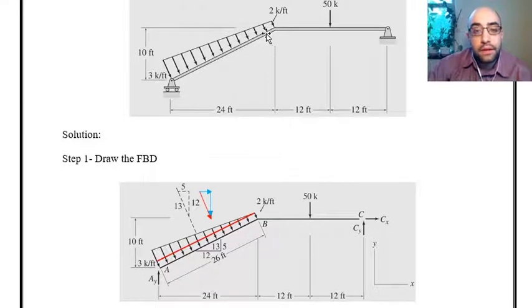which is the square root of 24 squared plus 10 squared, right? That will be 26. And I can simply calculate the ratio of 12 over 26 to find the horizontal side, or 10 over 26 to find the vertical side.